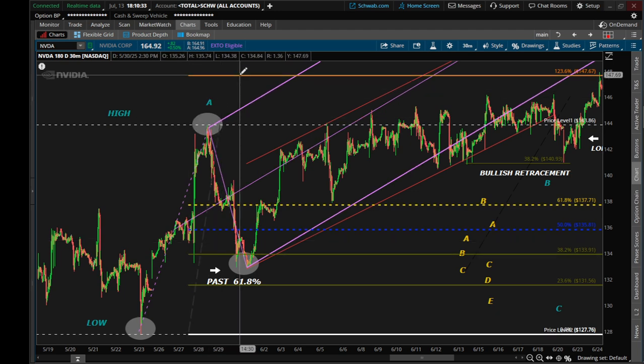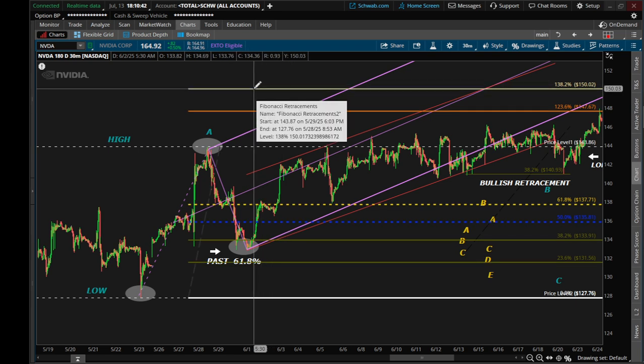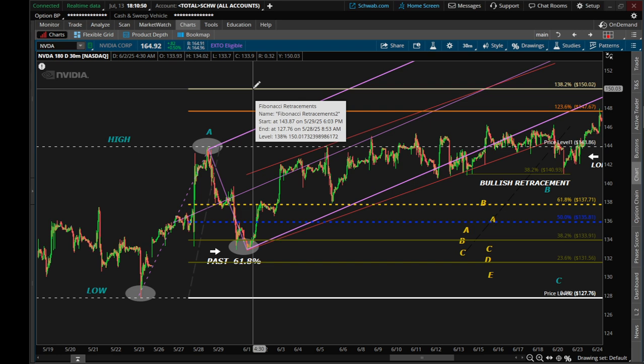So our first target is here at the 123.6 at 147.66, and then the 138.2 at 150.02. Anything around these two fibs, if the wave ends there, that's going to tell me that it's a little bearish, and that we need to be looking for moves or swings down.